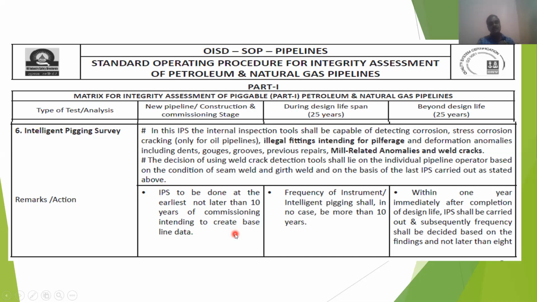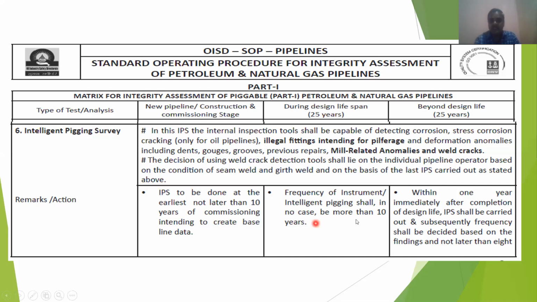Baseline data means everywhere, every millimeter, you will get some thickness, small differences also. It will give accurate dimensions at what degree, at what minute, at what distance the thickness is higher or lower. So you collect the base data, it will give you the overall average thickness continuously, you can calculate it. It should be done not later than 10 years after commissioning.